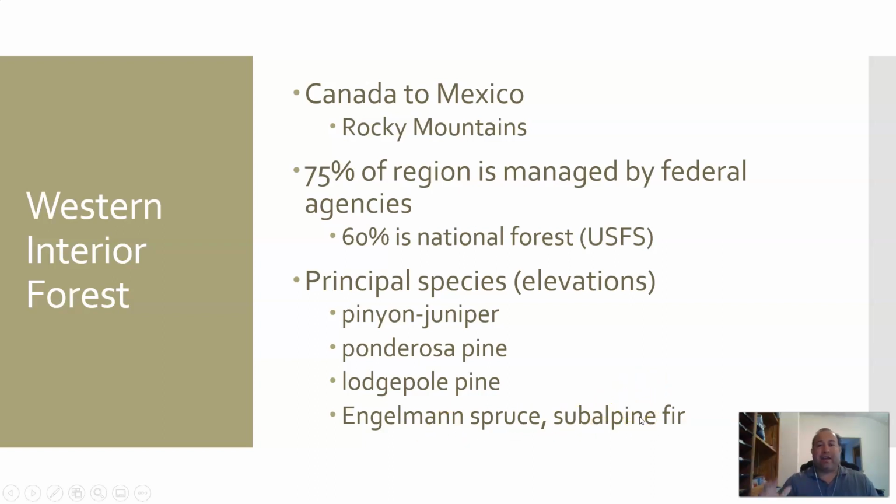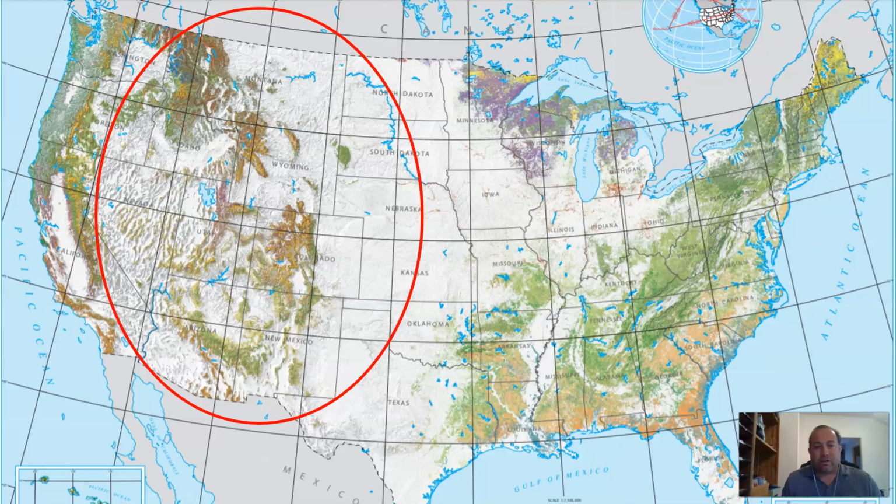And then up above that, you get to tree line, where it's too much physiological stress on trees, so they don't grow above that. So here's our western interior area stretching all the way from Canada down to Mexico, and this actually continues, and we'll show that when we look at the Canadian and Mexican forests.